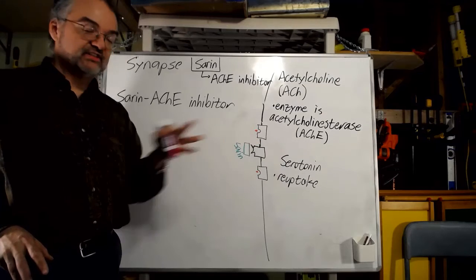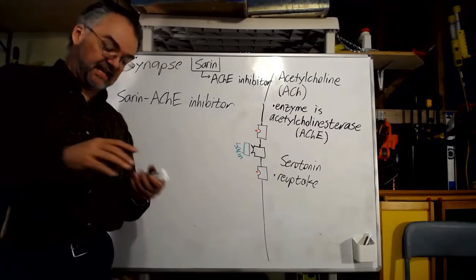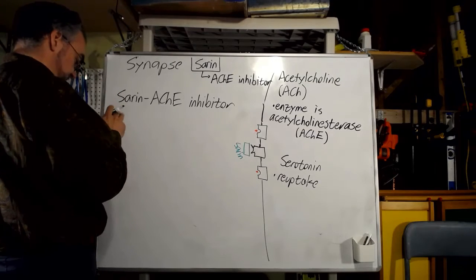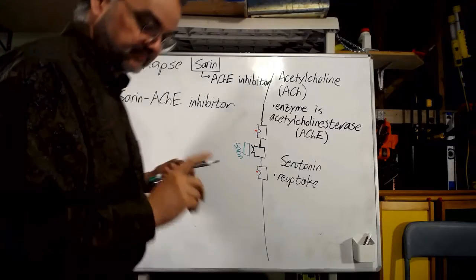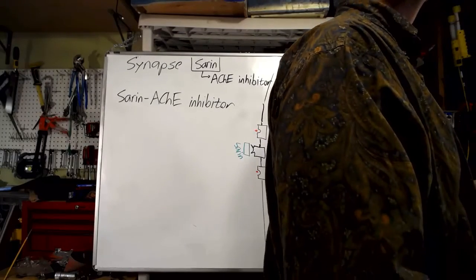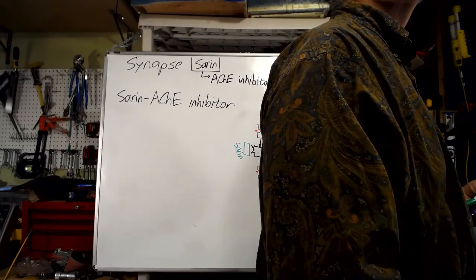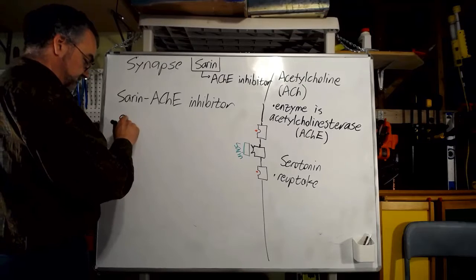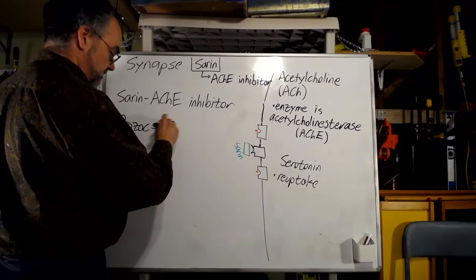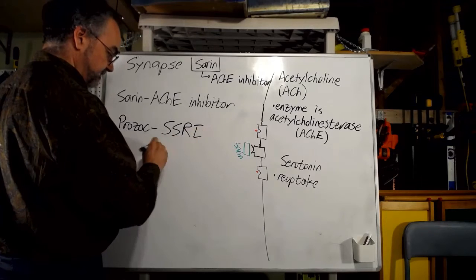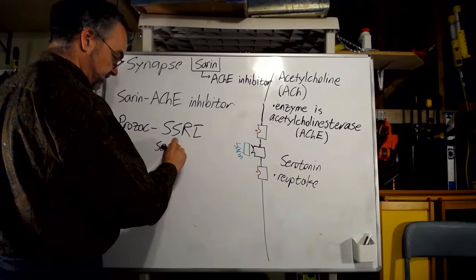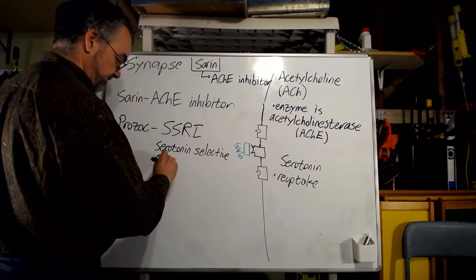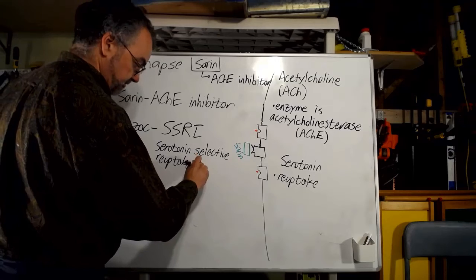Now, serotonin, there are serotonin reuptake inhibitors as well. So, for example, Prozac. We call that an SSRI, selective serotonin reuptake inhibitor.